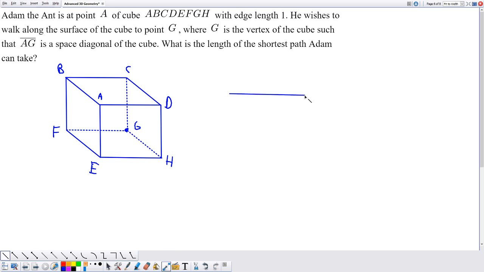Well, let's just keep in mind it's a cube, so we know that the side lengths are the same.